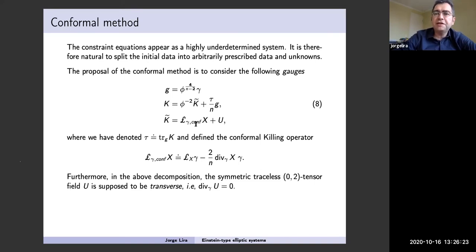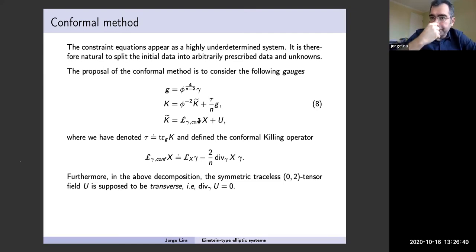And the traceless part is split into these X and U. U is the part which is not related to diffeomorphisms, to Lie derivatives, and X is the part of the traceless second fundamental form that comes from diffeomorphism, say. So that's the natural splitting of the traceless part.